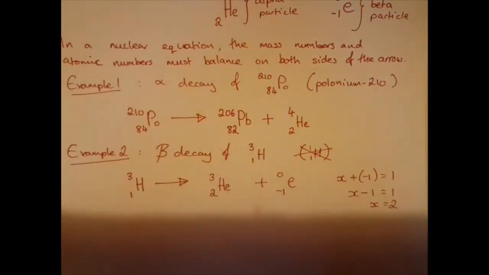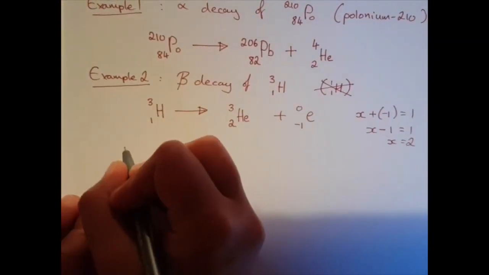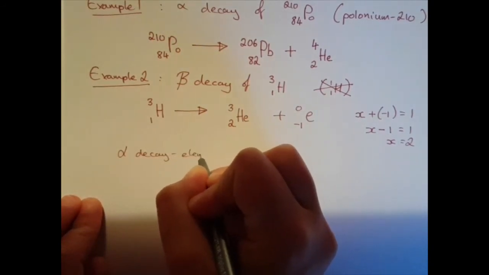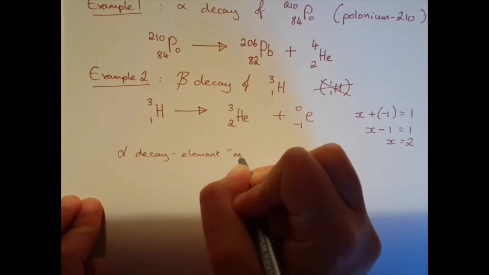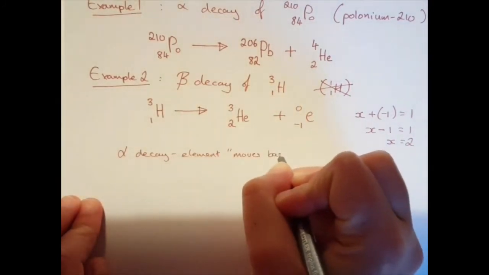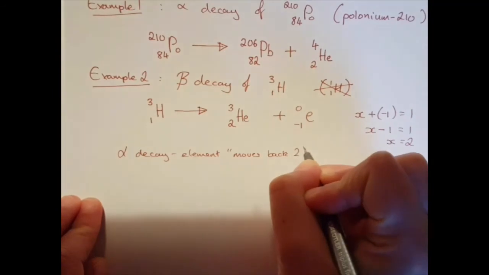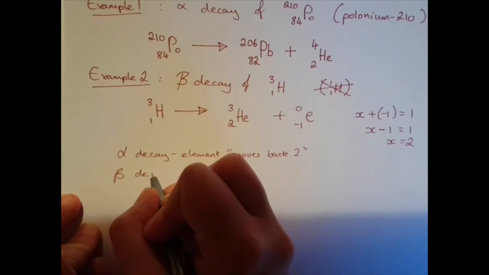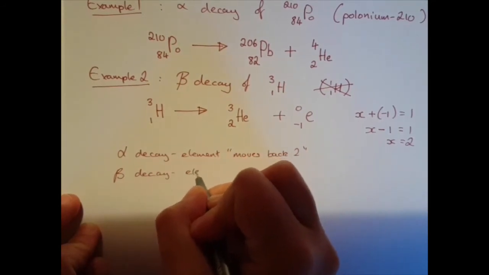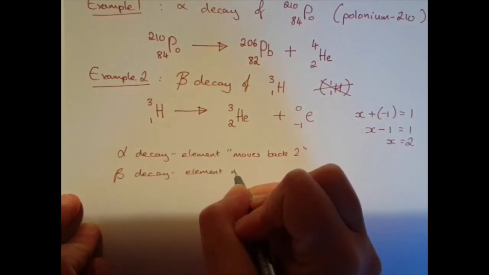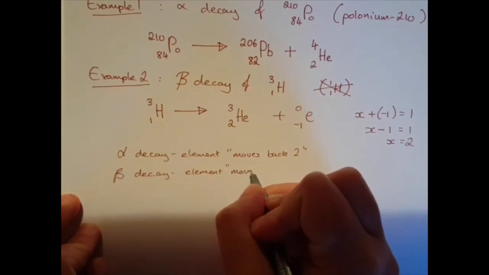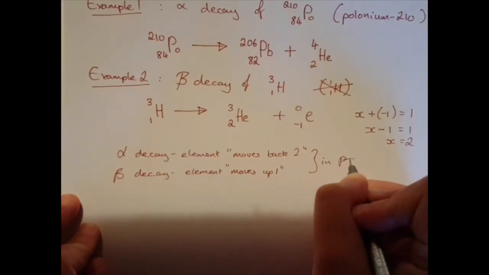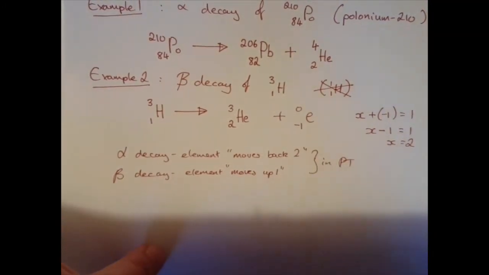Okay, so alpha decay, we can see the element moves back 2, and beta decay, the element moves on 1 in the periodic table. Okay, so you can write that down if you want.